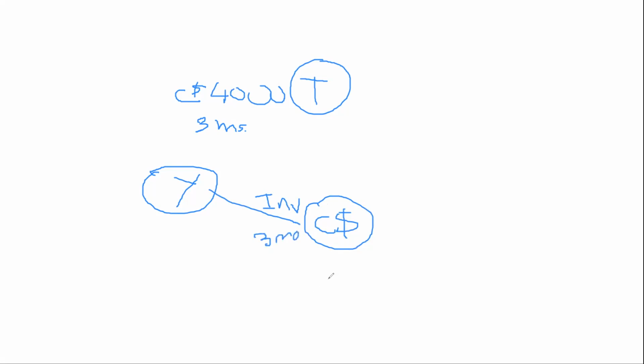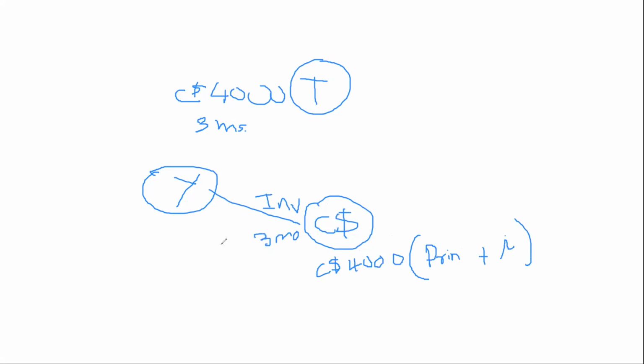At the end of the 3 months time period, you are expecting Canadian dollar 4,000 as a total amount. So what is this total amount? Actually, total amount means your principal investment amount plus your interest payment, right?